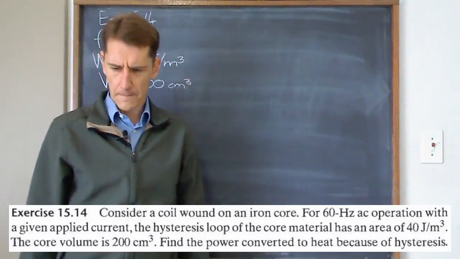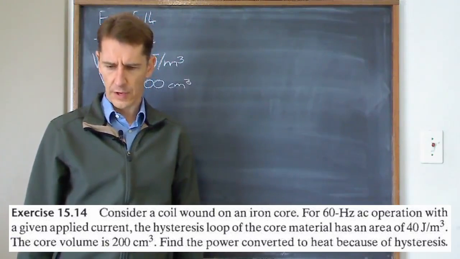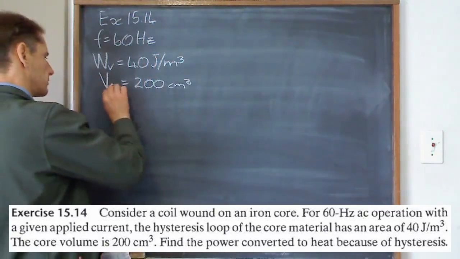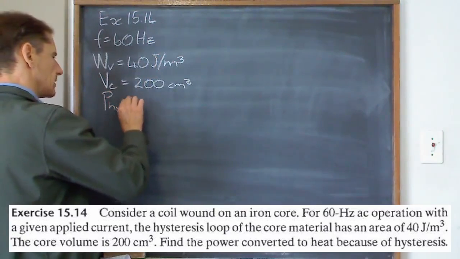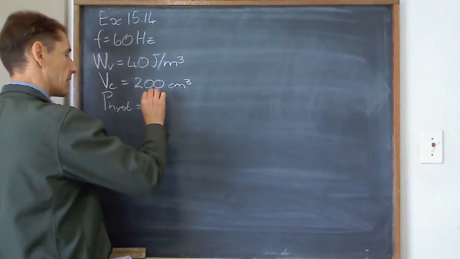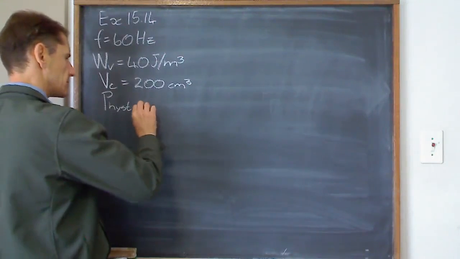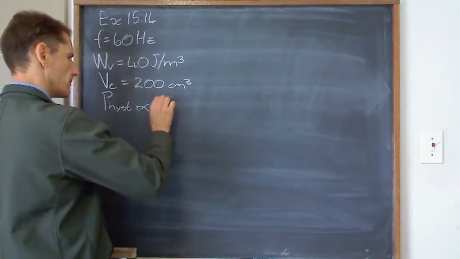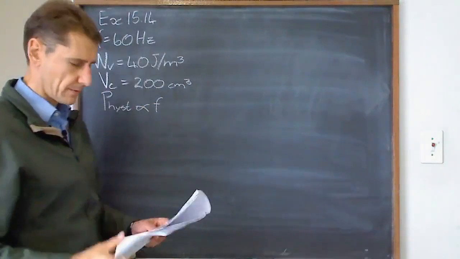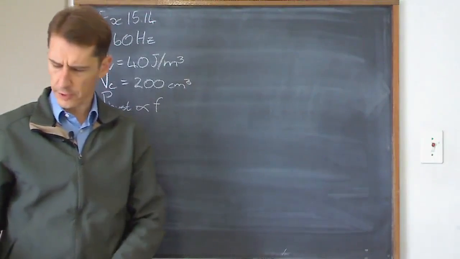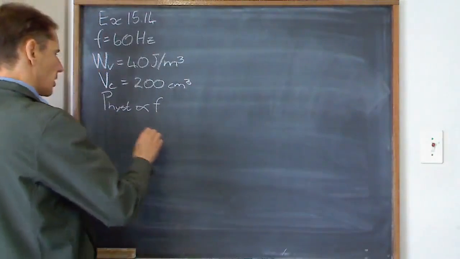They then want the power converted to heat because of hysteresis. So they want P hysteresis, and we know that P hysteresis is proportional to frequency. What else do we know about power?